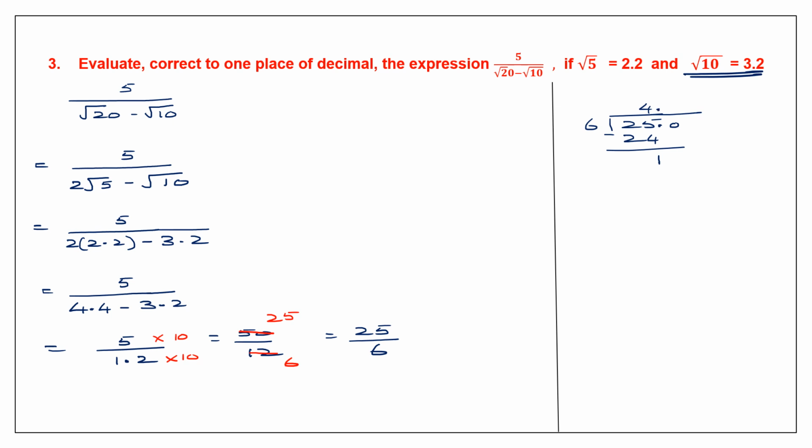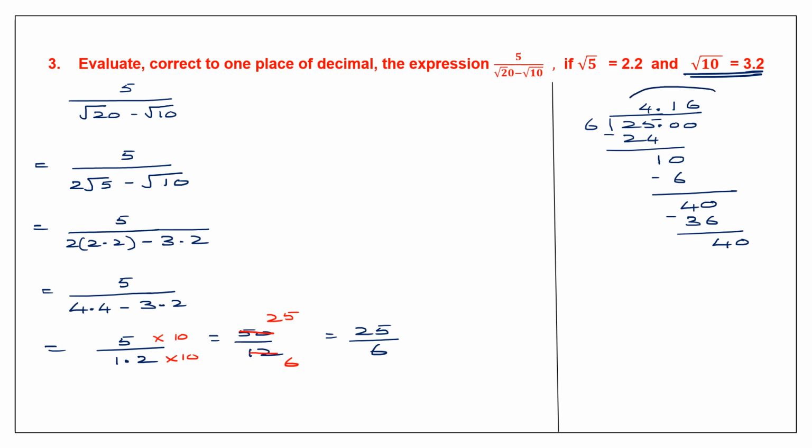Now remember, when you're asked to find one decimal place, you should get at least 2 places and then round it off. So here we have 10. 6 ones are 6, 10 minus 6 is 4. Then add a 0 and bring it down. 4, 0. 6 into what will give us the number close to 40? 6 sixes are 36. Minus, again you get 4, and this goes on and on.